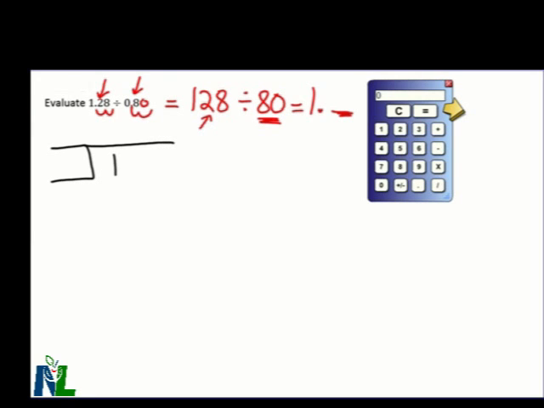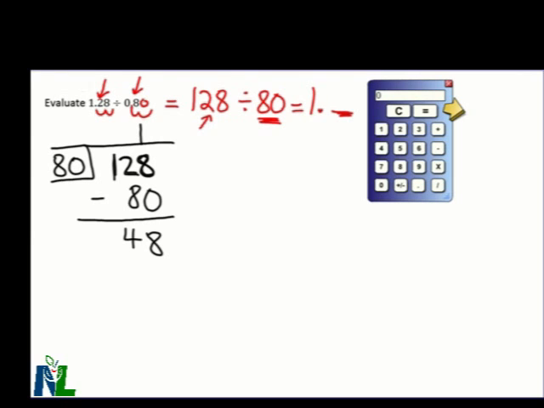So I have 128 divided by 80. And I know that there's only 1 times 80. 80 cannot divide into 1, cannot divide into 12, but it can divide into 128 one time. So 1 multiplied by 80 is 80. And then I subtract.